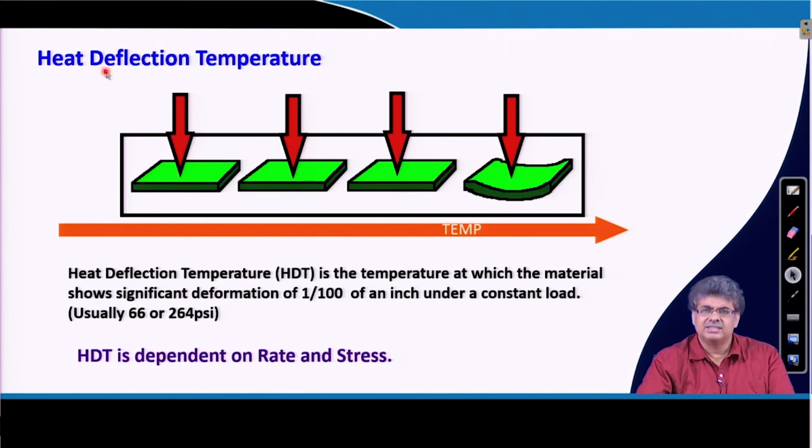There are other transition temperatures which are more from a practical aspect, like heat deflection temperature. This is from a practical point of view: in application we do not measure Tg or Tm.